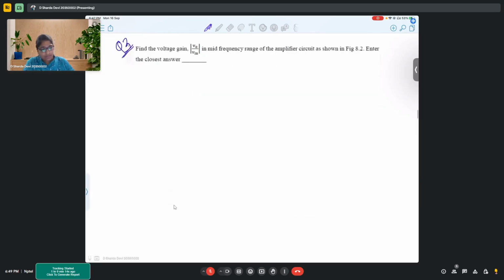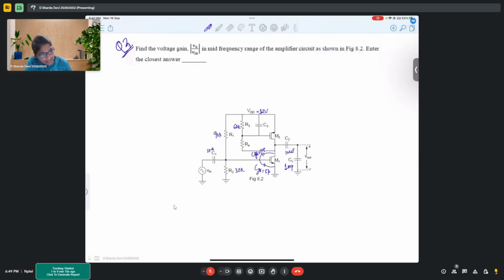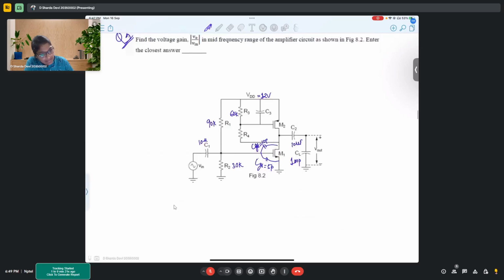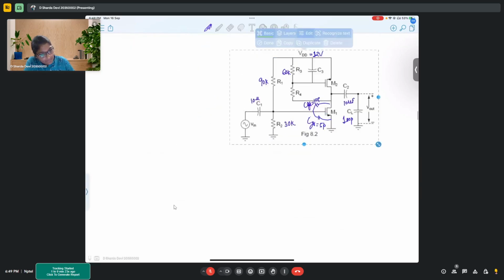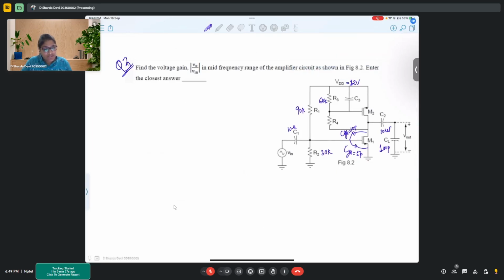So again, to the next problem. This is for the same circuit. In the circuit, again, we have to find the voltage gain in the mid-frequency range of the amplifier. Since we know that this is a CS amplifier, the gain is GM into Z out. So Z out should be calculated here.